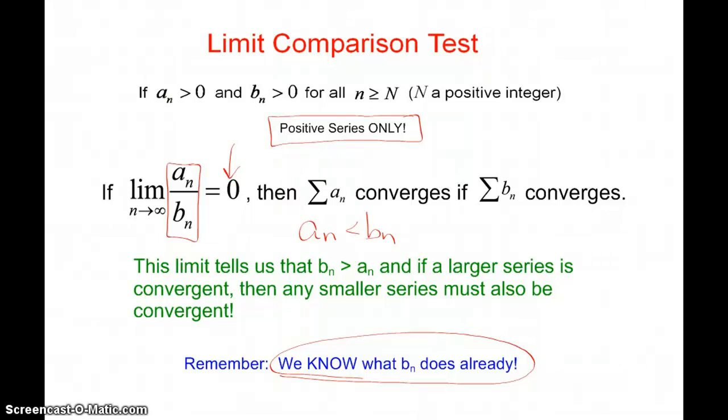That's helpful only if B sub n converges. Because if B sub n converges, every other series smaller than B sub n must also converge. So it tells us A sub n converges if B sub n converges. Okay, if a larger series is convergent, any smaller series must also be convergent. So that is a good result only if B sub n converges.